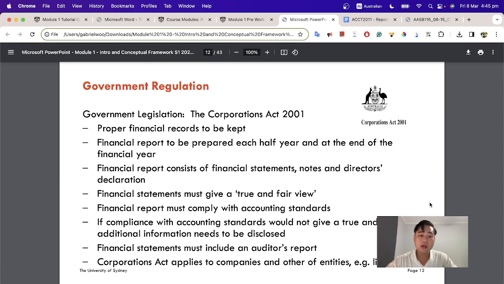So when we look at financial statements, the obligation to follow accounting standards trumps the obligation to present your books in a fair and unbiased manner. So when we look at financial reports as presented by ASX listed companies, they must follow accounting standards as opposed to only presenting a true and fair view.